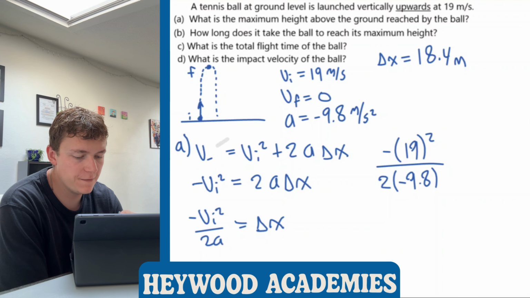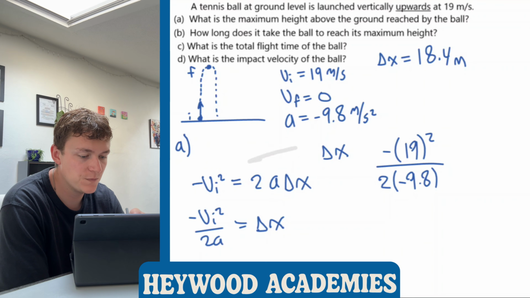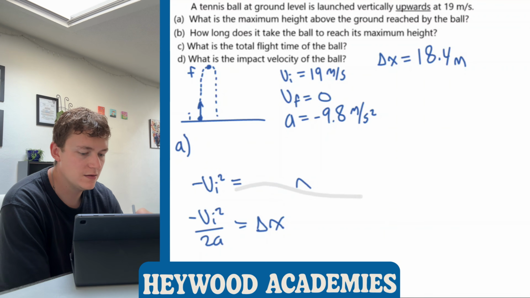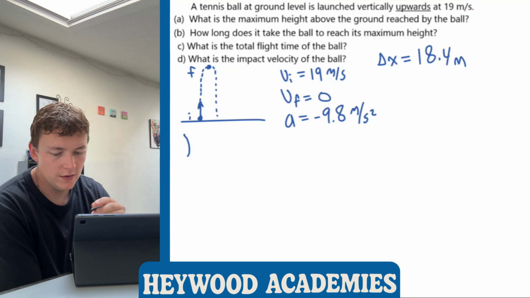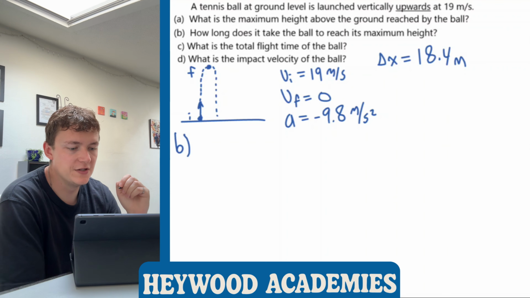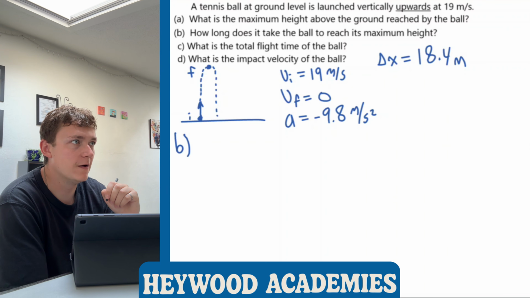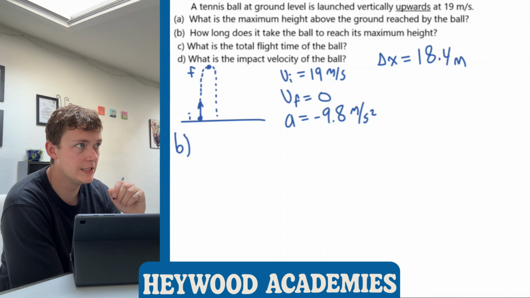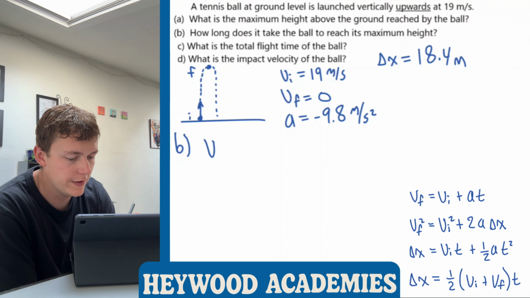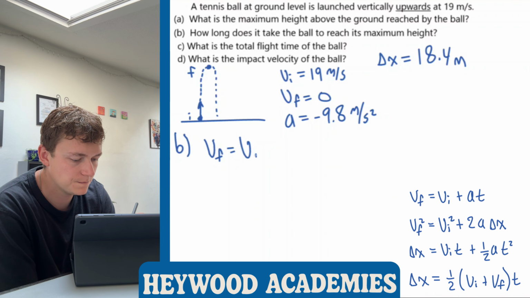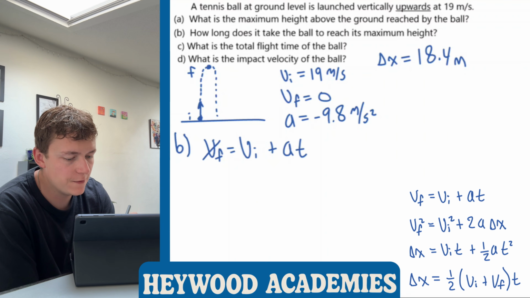For part B, they want to figure out the time that it's going to take to reach that maximum height. So we can back up here and figure that out. Now we have some more information, so this should make this easier to solve for. We're looking for the time. We've got a lot of information to work with here, so I'm probably going to go with this one again, just because it's a bit of an easier equation to work with. Final velocity at 0.